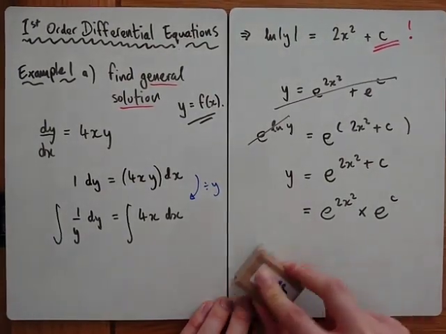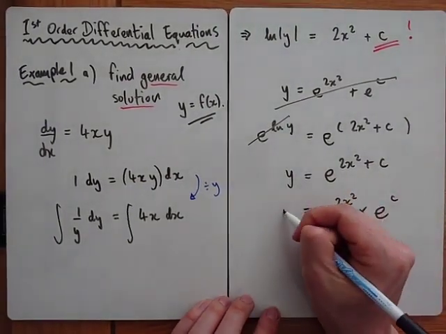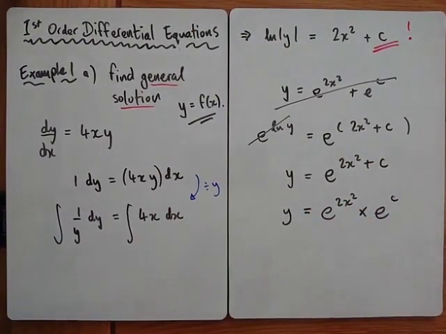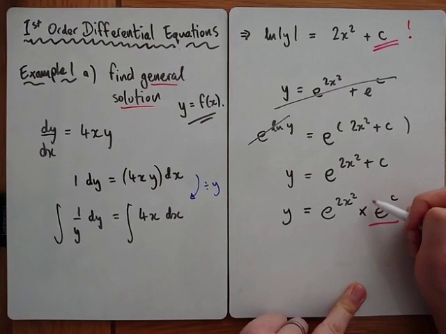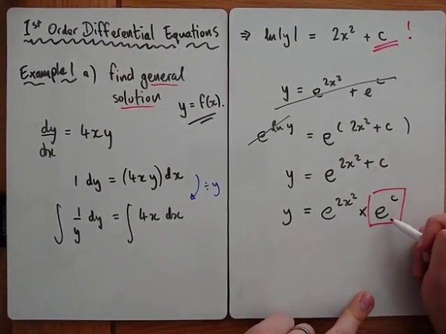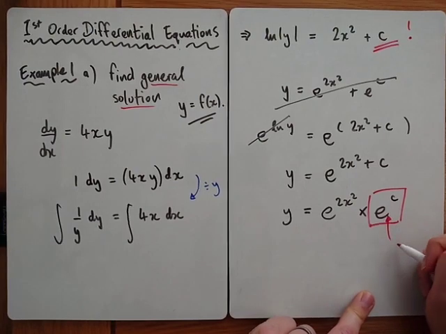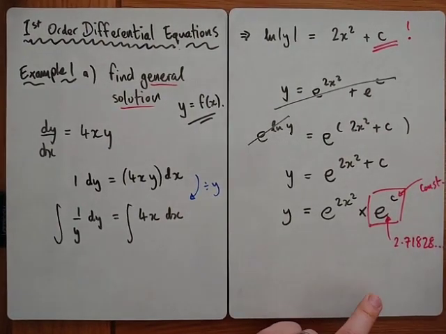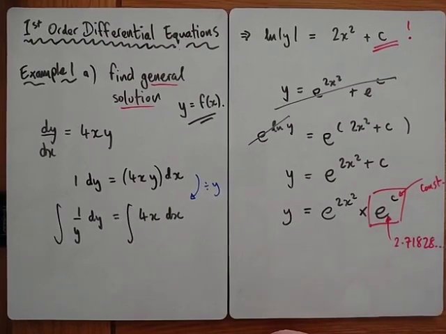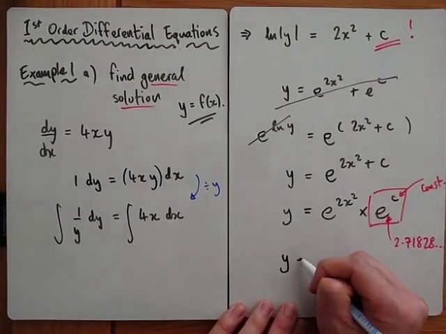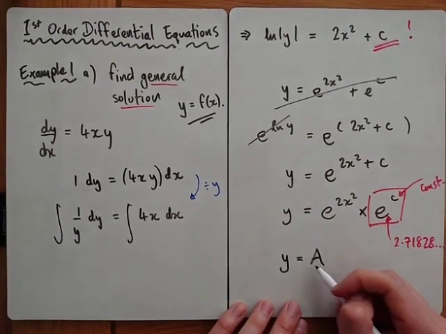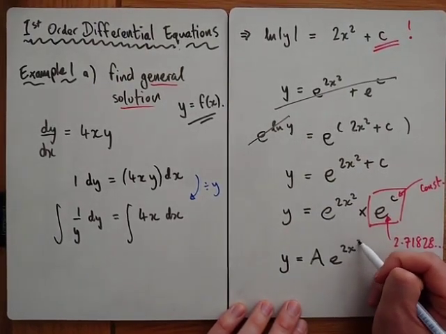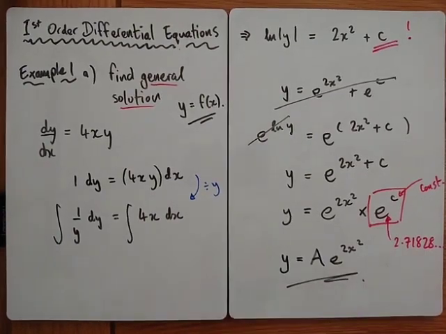You might think, why am I bothering to do that? When we get deeper into this topic and we do more exam style questions, it's a really useful technique to write that separately, because e is just a number. Don't forget, e is a constant. It's like 2.7128, and c is also a constant. So that there is actually just a constant. And quite often, I'm not quite sure why they use the letter a, but they would actually write that as a, and then e to the power 2x squared. So if it was like a show question, you'd probably see the answer written like this at the end.